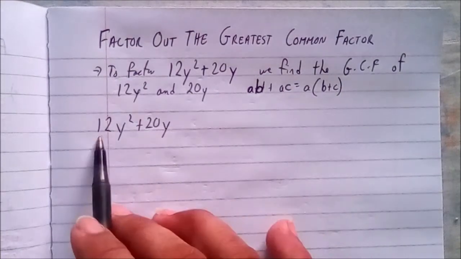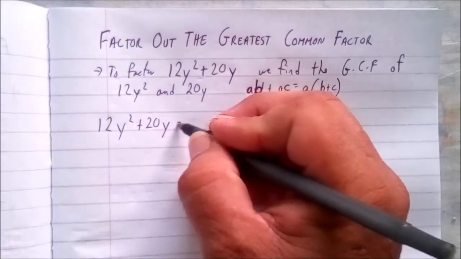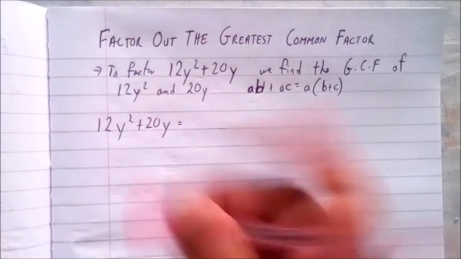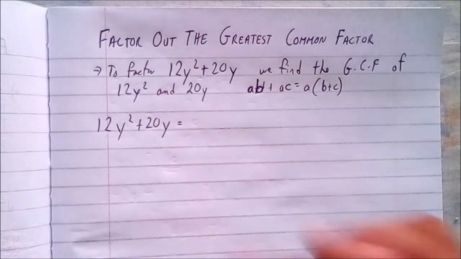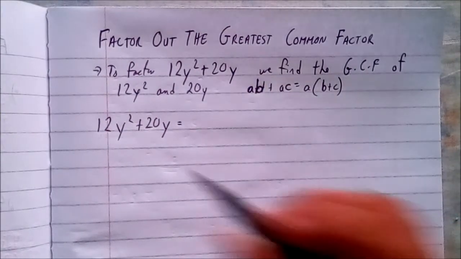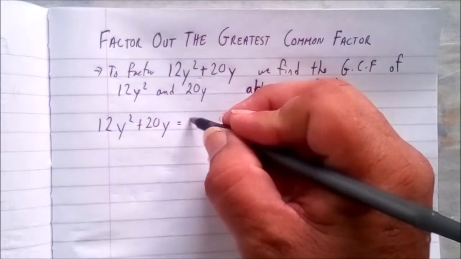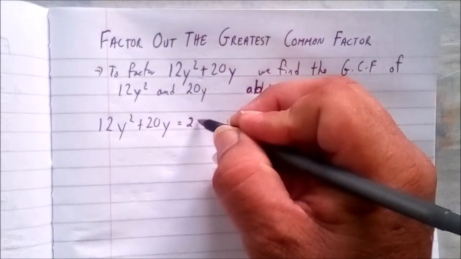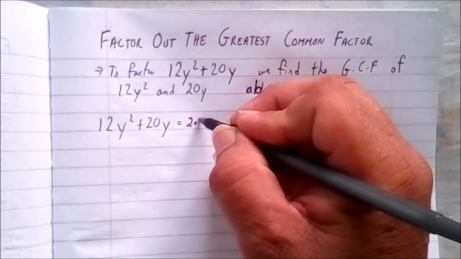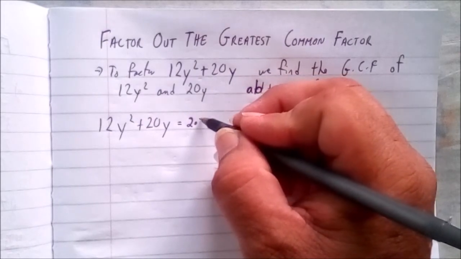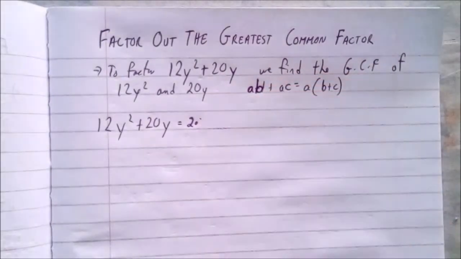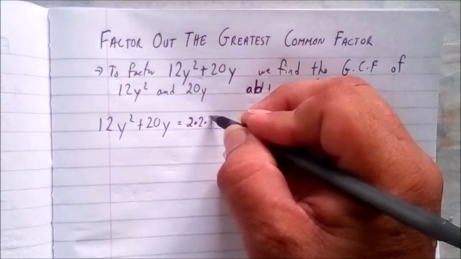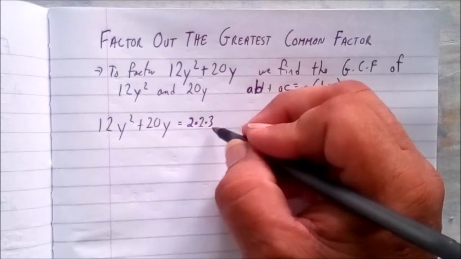So I'm going to work this piece first and get that broken down. 12 can be 4 times 3, or 2 times 6, or 2 times 2 times 3, and that will give us 12.